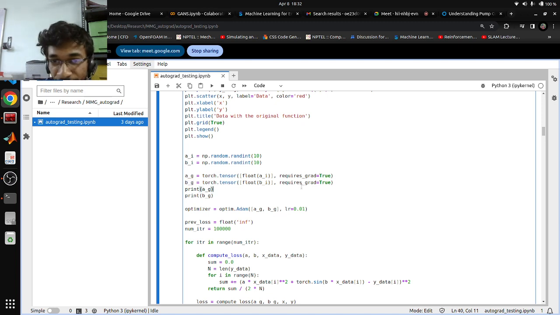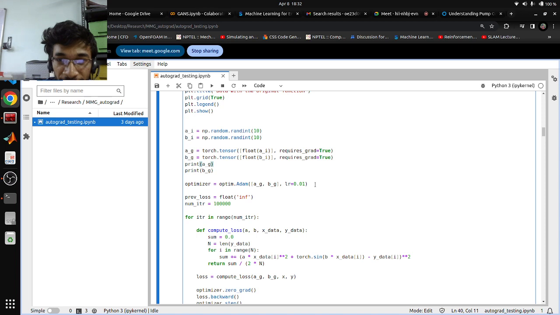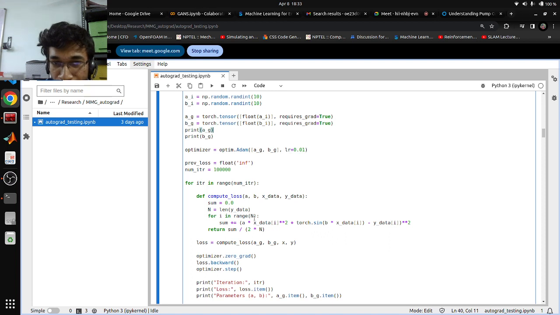We have defined some optimizer, but for now just know that ag and bg are some numbers. If you create a function using these ag and bg and try to find the gradient of that function, you can get the values of how ag and bg are affecting the gradients of that function.